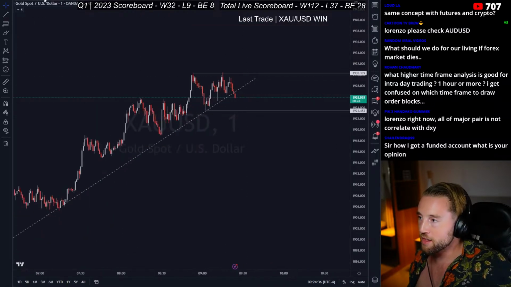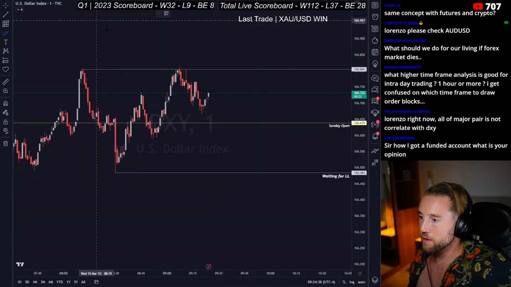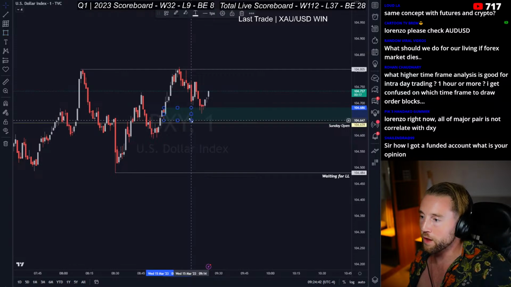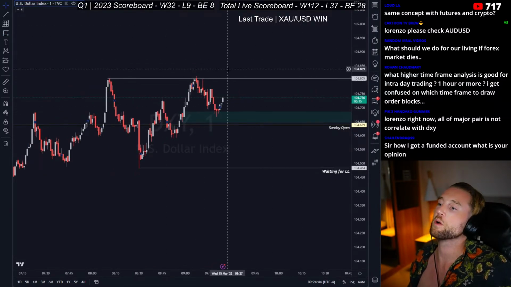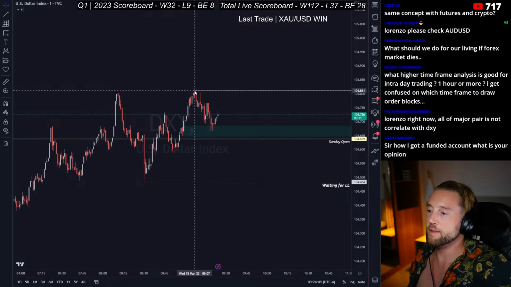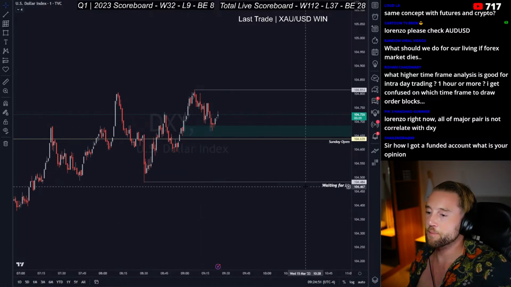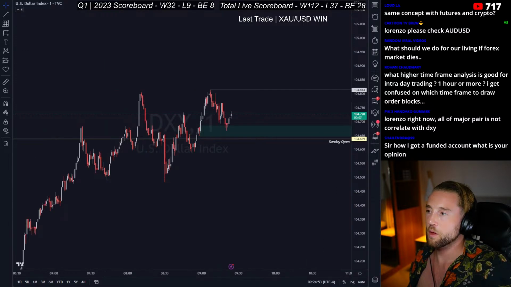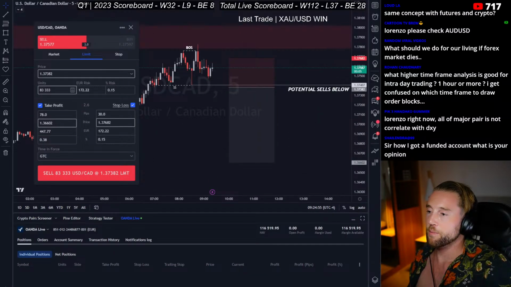Gold, what's gold doing? Yes, gold is coming down. The dollar is at this particular moment holding above the Sunday open. You want to break that high here, the previous high. Interesting.